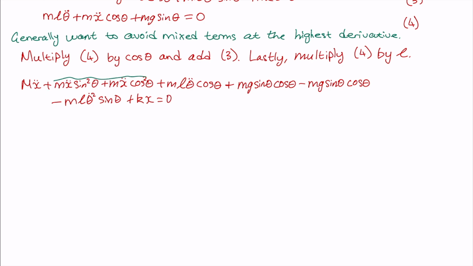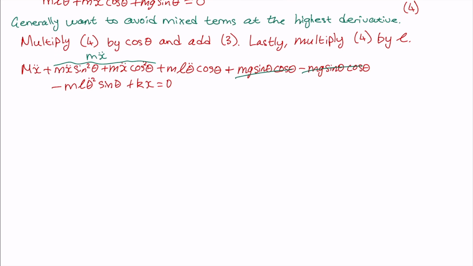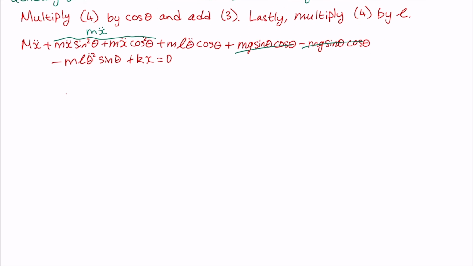And we can simplify this. This will become m x double dot, and then we can cancel out the gravity terms there. For our equation of motion for x, we end up with big M plus little m x double dot plus ml theta double dot cosine theta minus ml theta dot squared sine theta plus kx is equal to 0.